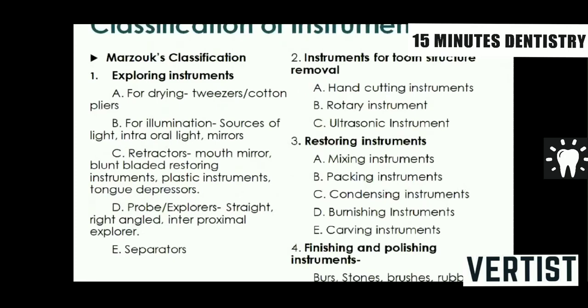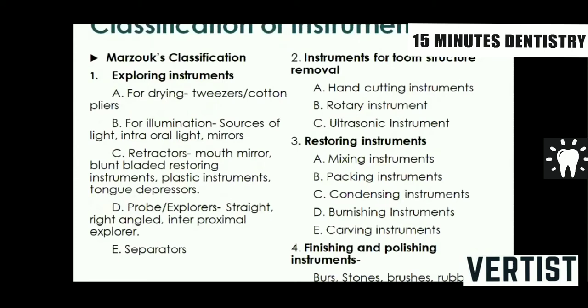The classification given by Marzouk, I feel, he has done as per our procedural use. So he has classified the instruments into the first set, that is exploring instruments. Why we need exploration is for the diagnosis of a defect.